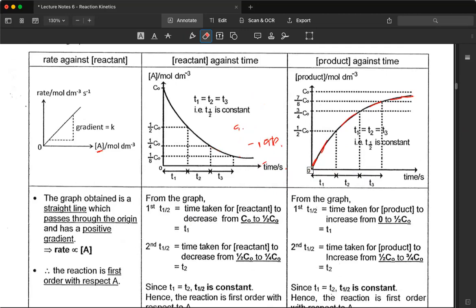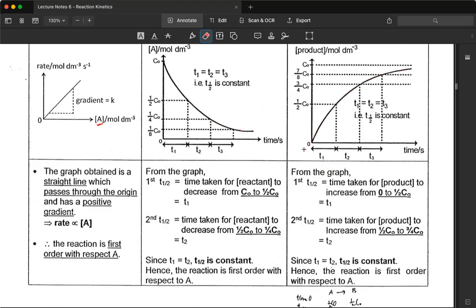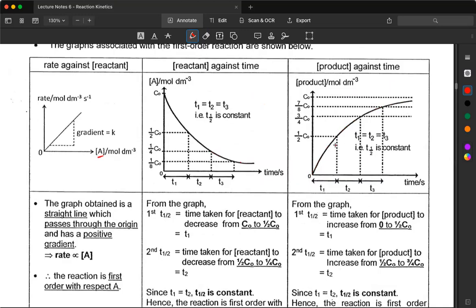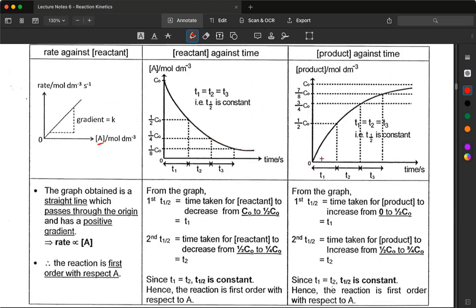first order reaction of the concentration of product against time. From the graph, the first half-life is the time taken for the product to increase from 0 to half. So it is just the opposite of the reactant in a way.